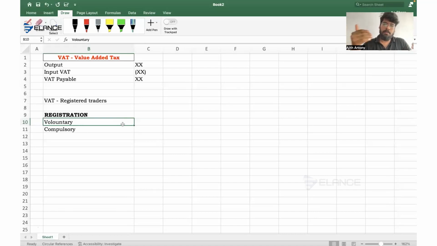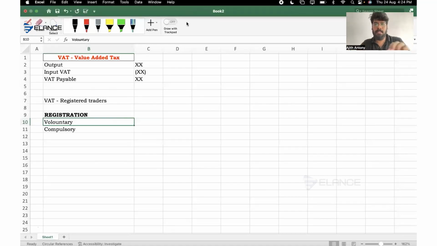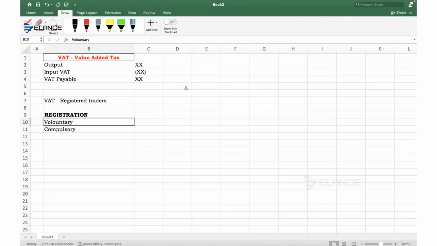And when it comes to compulsory registration, there are some criteria. Guys, one minute. Okay, guys.